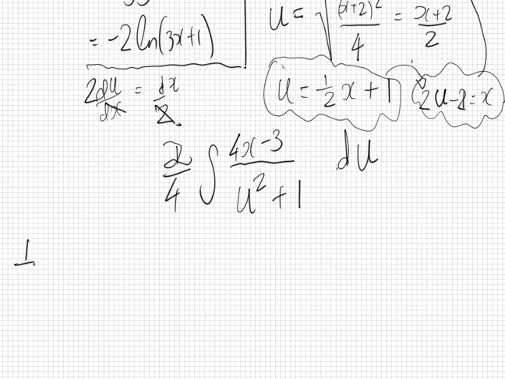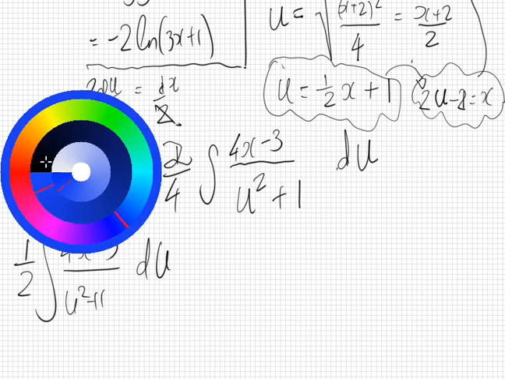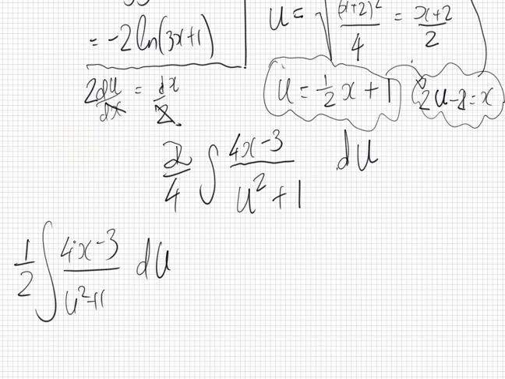Now, this will be a half 4x minus 3 over u squared plus 1 du. Which looks difficult, but it's not so bad because you have an easy way to change this. Remember, here x equals 2u minus 2. So what would 4x equal? If I multiply this by 4, what do I get? 8u minus 8.